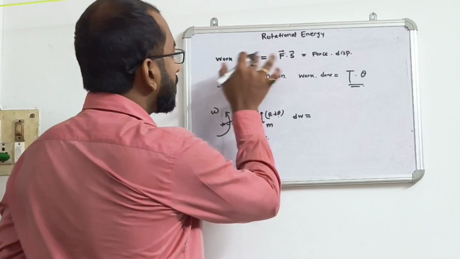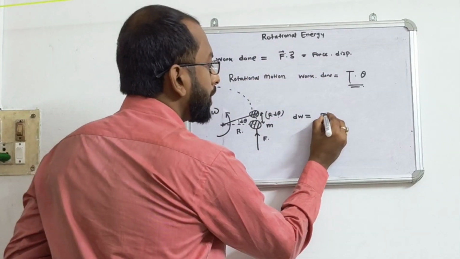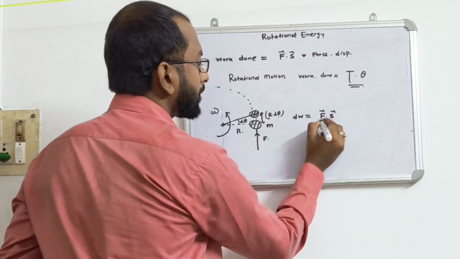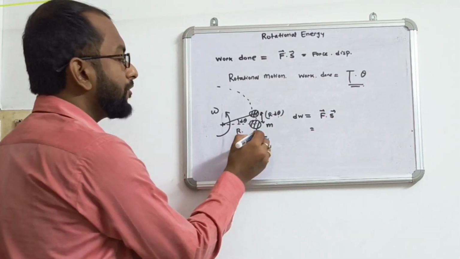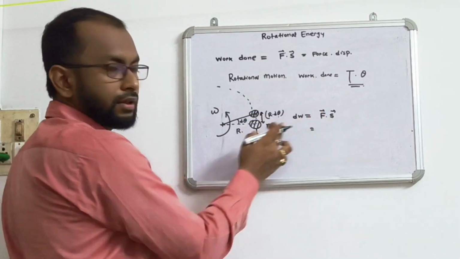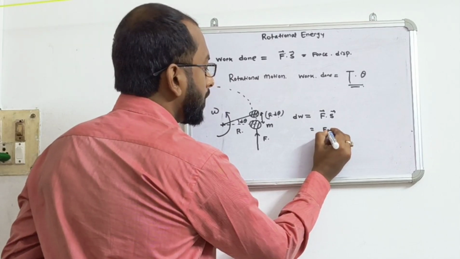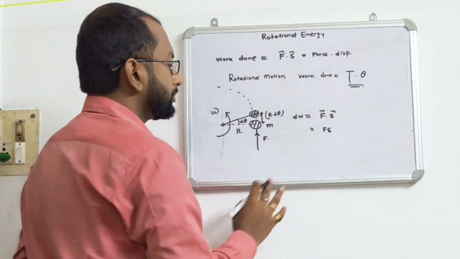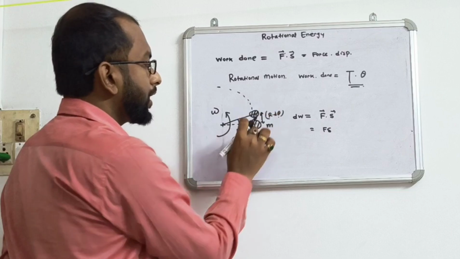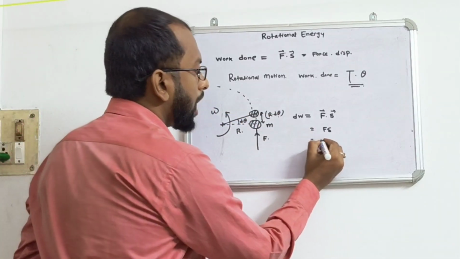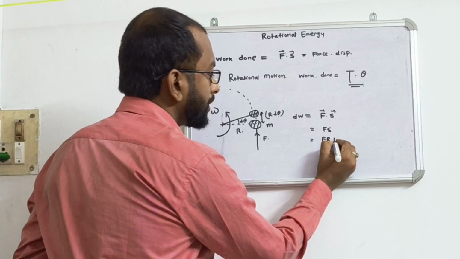You know from the work done, it is F dot S. So here in this case, F and S, the direction is same, so it is going to be F into S only. So what is S here? If I rotate it by small angle d theta, the displacement is r d theta, F r d theta.